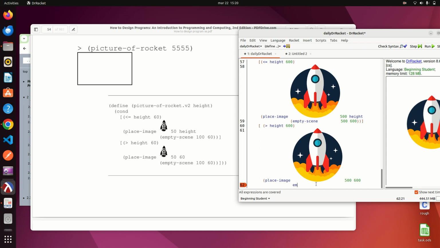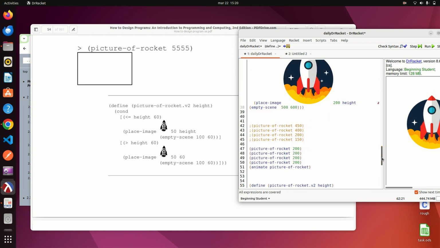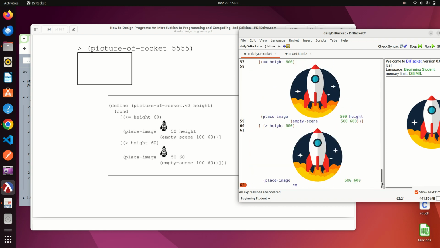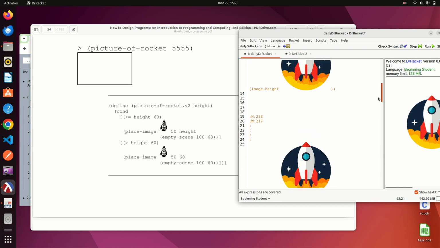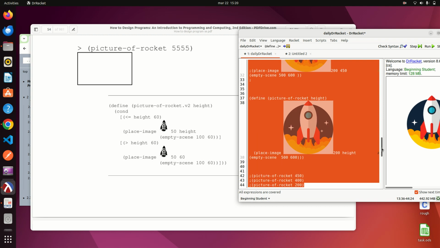We have empty scene at 500, 600. So probably let's go with 500, 600 for now.